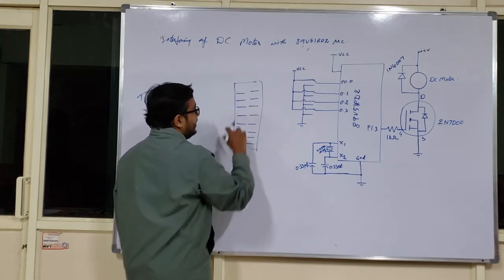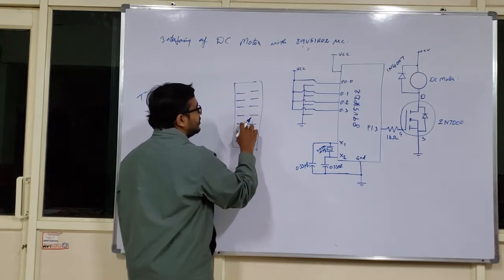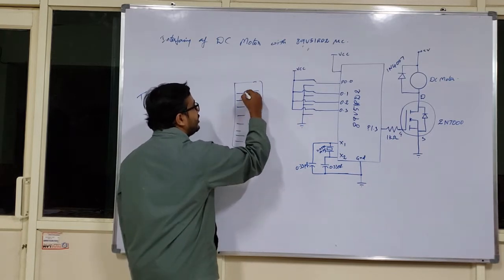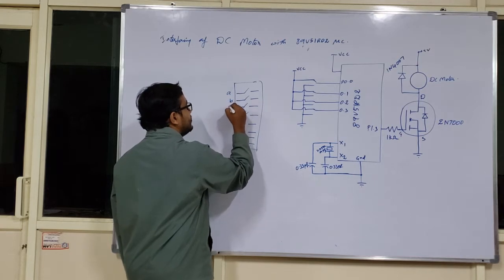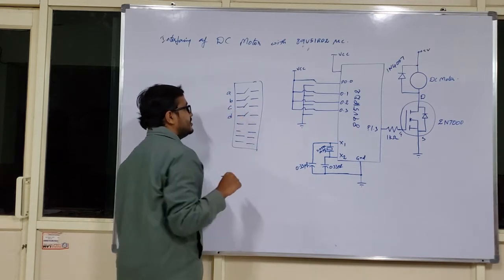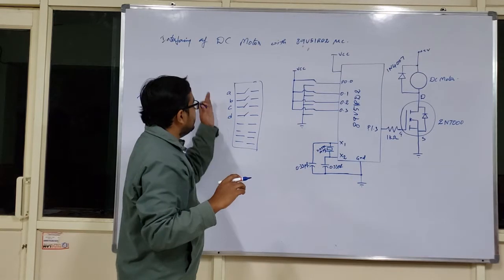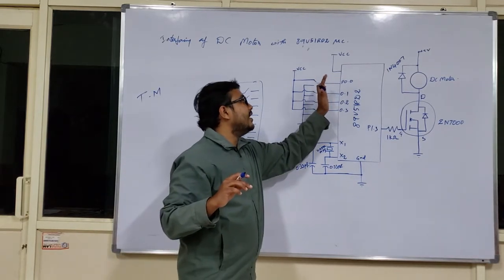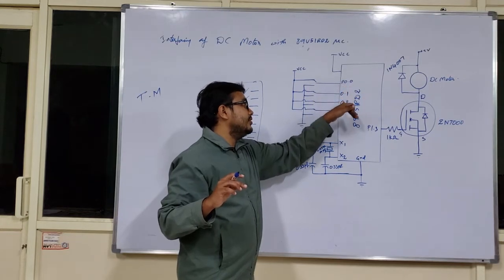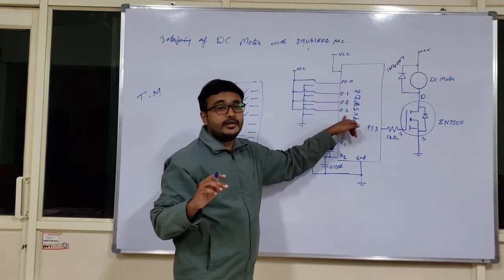Among these 8 switches, I have used only 4, as that is all my application requires. Like this is A switch, B switch, C switch, as well as D switch in the DIP switch. These ABCD switches of your DIP are manually and hardware interfaced with P0.0, 0.1, 0.2 and 0.3 here.